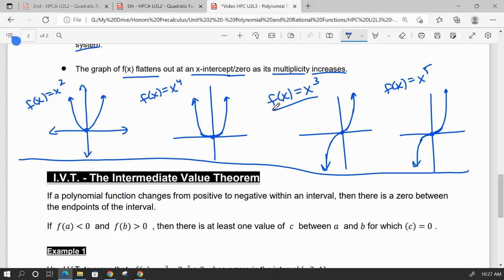So pay attention to those multiplicities. If it's a multiplicity of 4, then at the x-intercept, make it a little bit flatter when it bounces. If you have a multiplicity of 5, it should be a little flatter as it zigzags through the x-intercept.